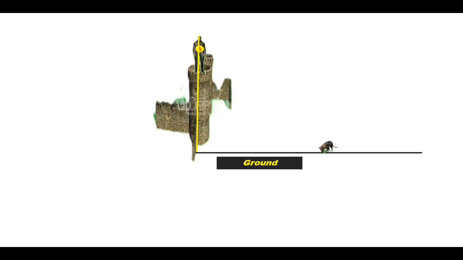Now we need to imagine a line from the observer's eye to the object which he is viewing. Here the line which joins the observer's eye and the dog is the line of sight.